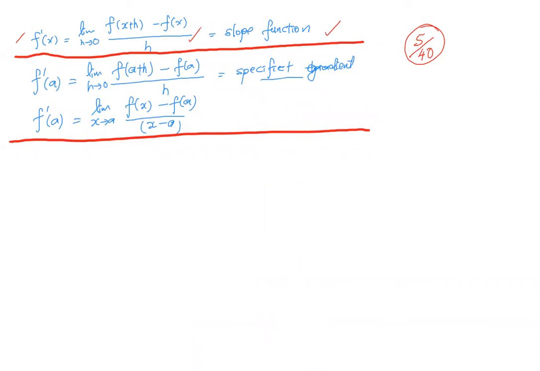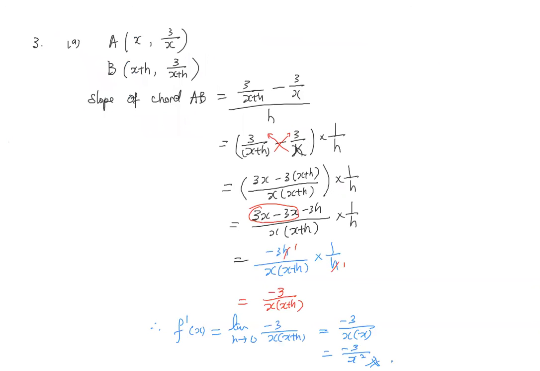At a particular point. This is a function that you can find, like this question I solved just now. If I want to find the gradient at x equal to 1, then I put in x equal to 1. Then I can get negative 3. So therefore, the gradient at x equal to 1 is negative 3.